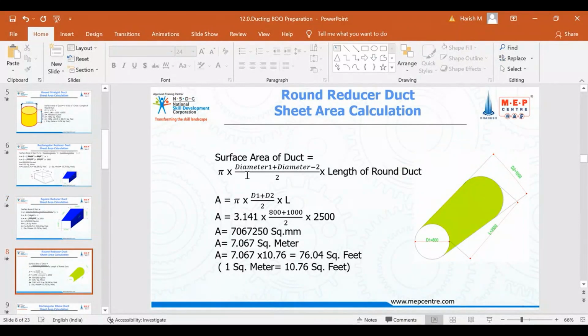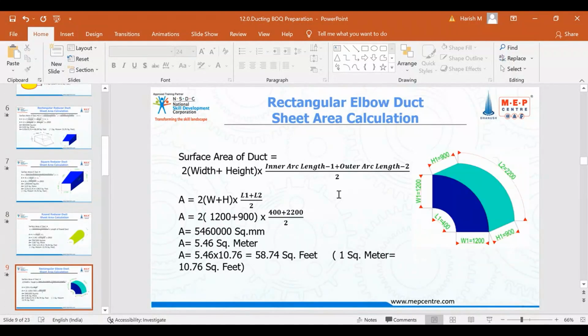Instead of diameter, we take diameter 1 plus diameter 2 by 2, the average of diameters. Clear now, sir? Yes.